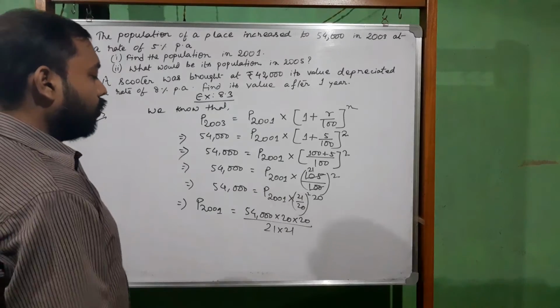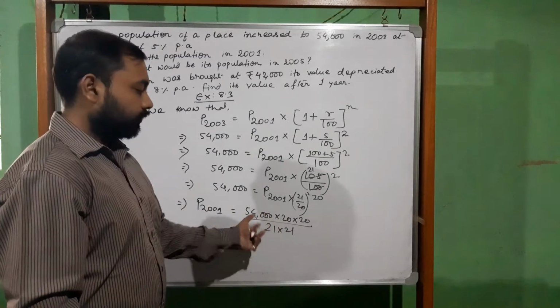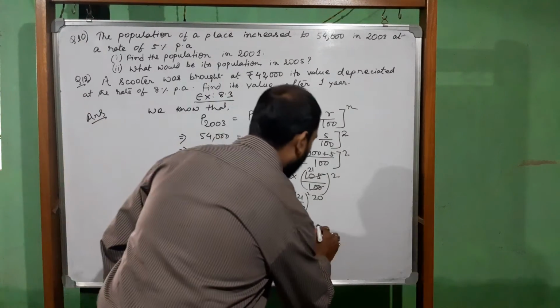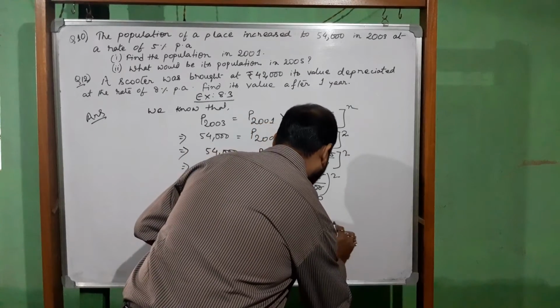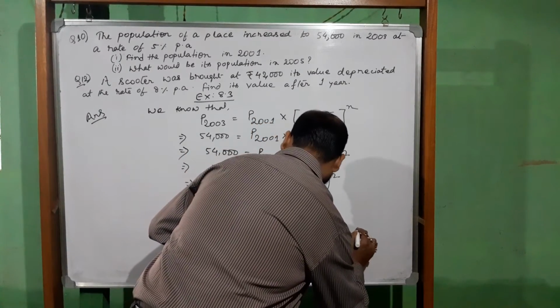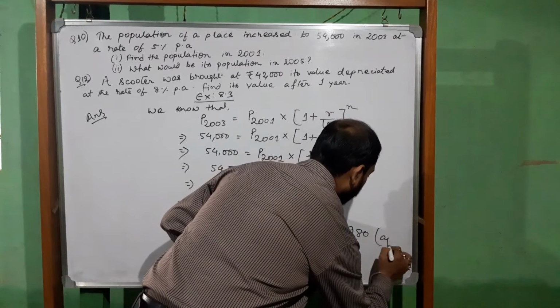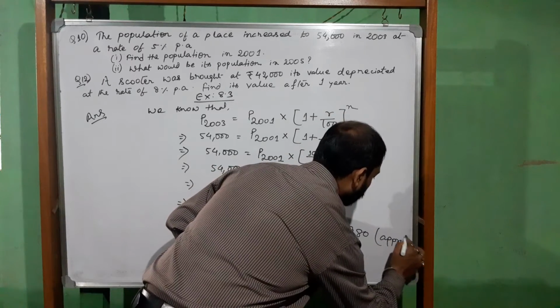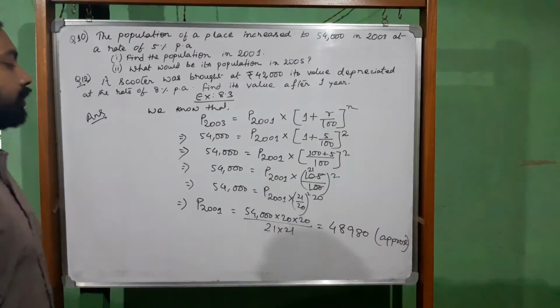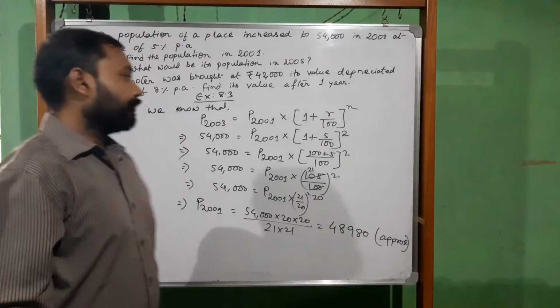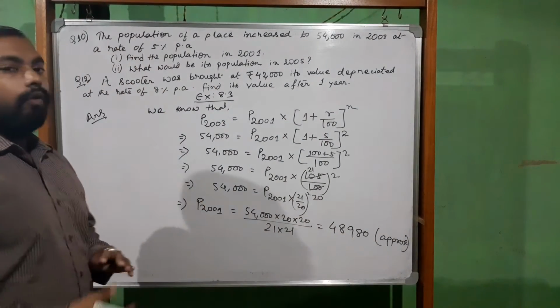So when you solve this part, you will get the answer as 48,980 approx. So you will get this result.